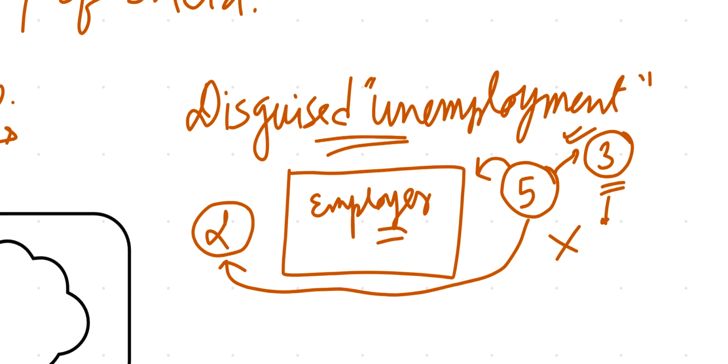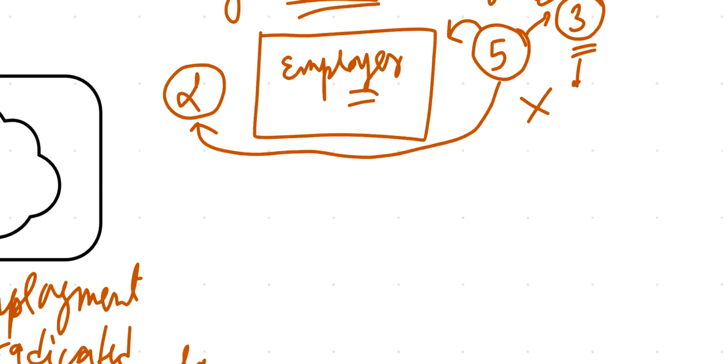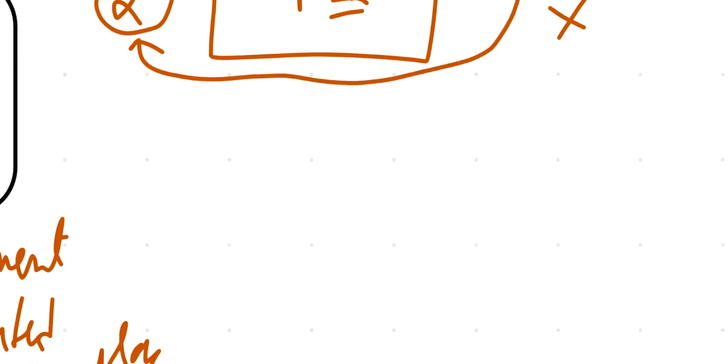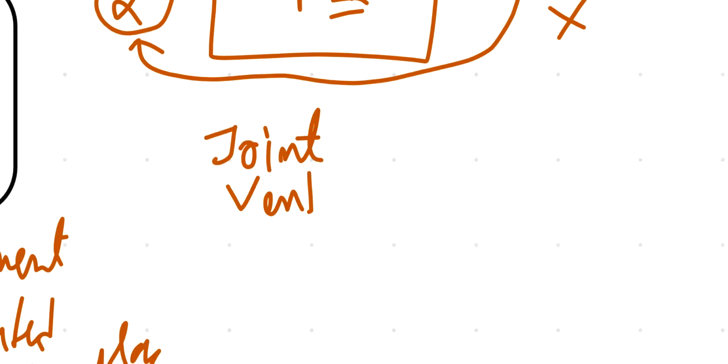I am teaching everything in very detail. What are joint ventures? A joint venture is a type of venture. It is an effort made by both the public and private sector for a common goal. It is a joint effort.